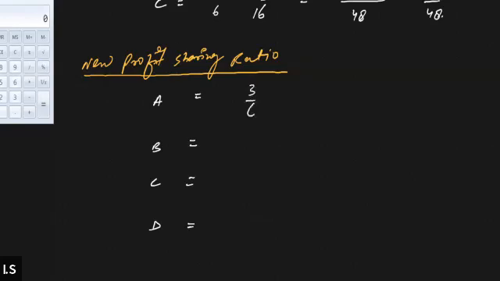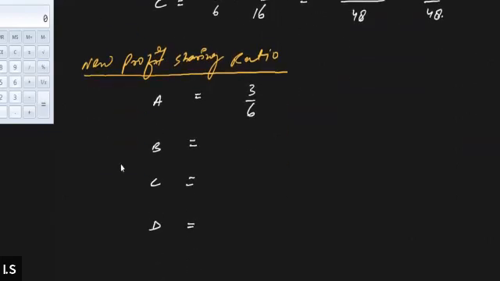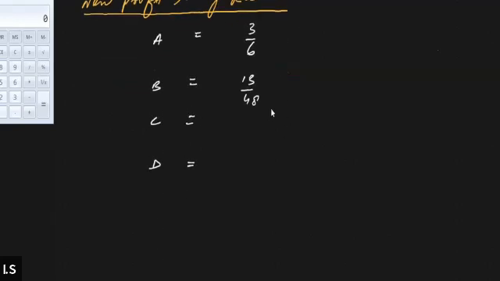That means 3/6. B's remaining share will be 13/48, and C's remaining share is 5/48, and D's share is already given in the question, which was 1/8. All right, everybody, is this clear to all of you?